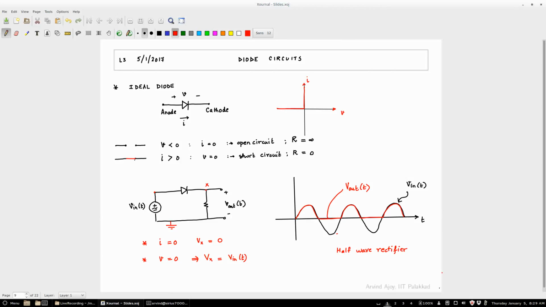Clear? So what has the diode actually done? You have seen this possibly earlier, right? So this is basically acting like a half wave rectifier. Why do you call it a rectifier?